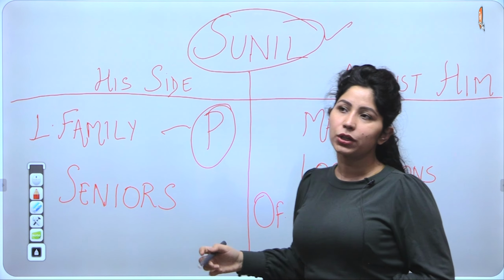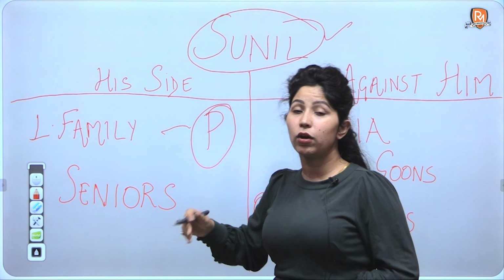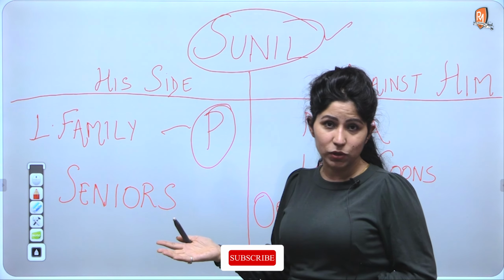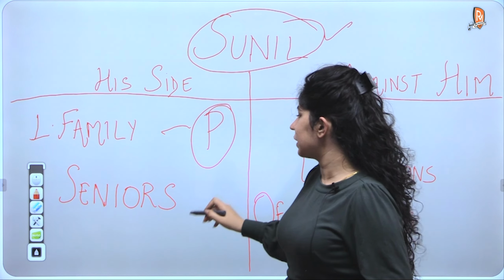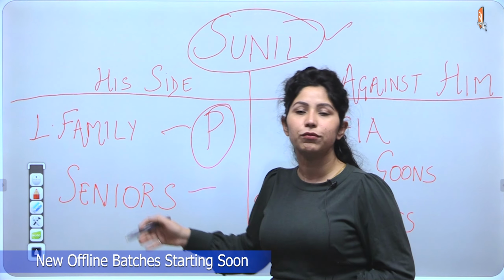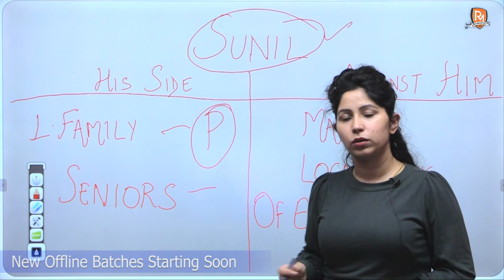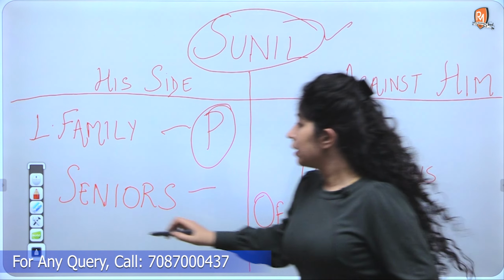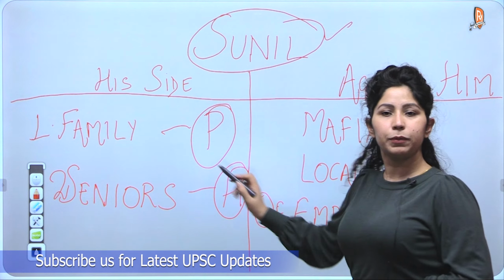They cannot be sent to some other place because that would show that he got afraid or he got scared. So that is not a good option. Increase their security. So family has to be protected, and his seniors, his superiors who he was working under in the past, can be approached for help. They can be of help to him.